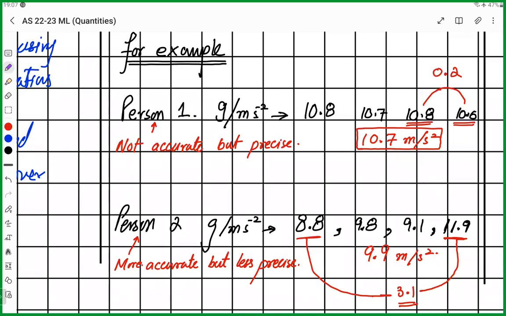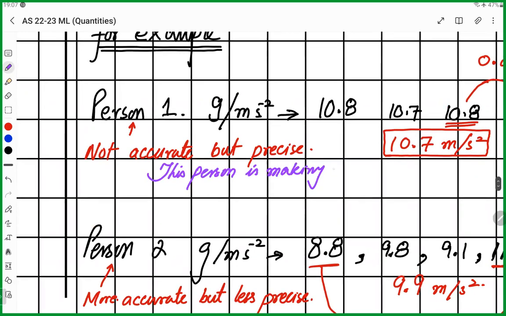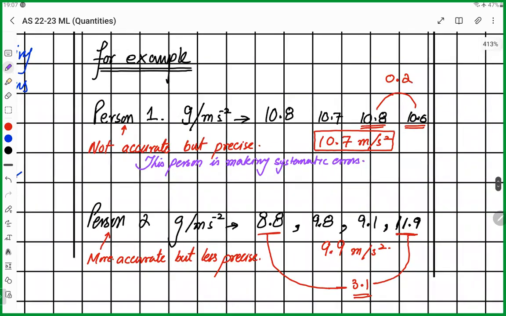Precision is not affected. So this person is making systematic errors. So you can simply say high systematic errors and low random errors.